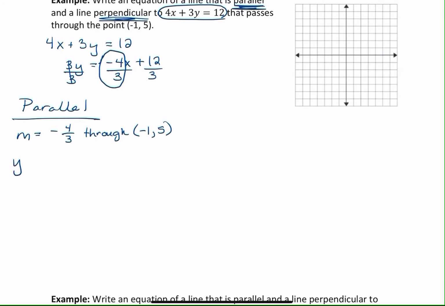So I've got y minus 5 equals negative 4/3 times x minus a negative, so it'll be plus 1. I'm going to distribute. Negative 4/3 times 1 is just negative 4/3. And then I'm going to add 5 to both sides.